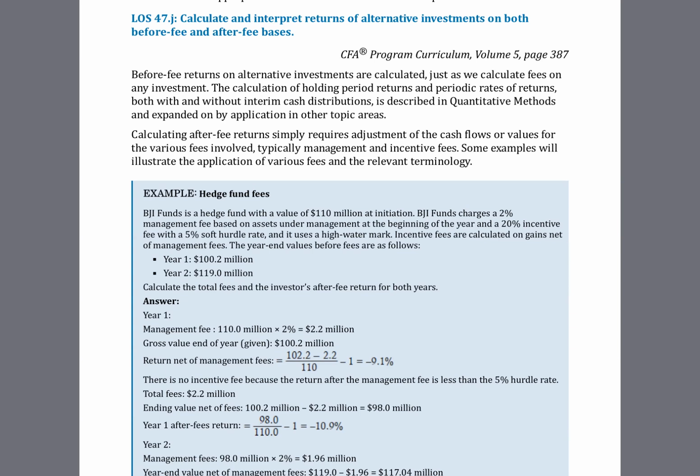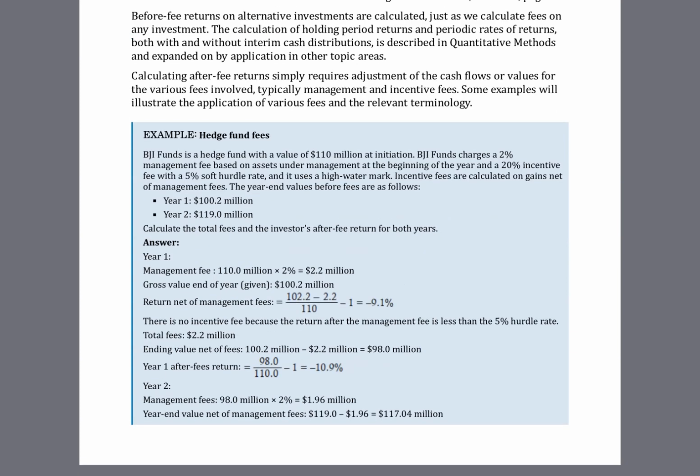Now look at how the first fee was calculated. The management fee, because it's 2% of the assets under management at the beginning of the period, which is 110, is 2.2 million. So what is the return?